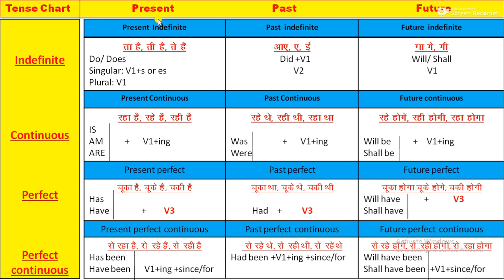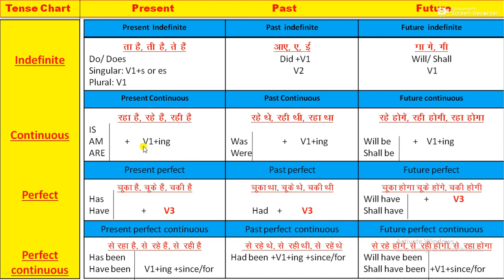Present has four parts: present indefinite, present continuous, present perfect and present perfect continuous. Similarly, past has four parts: past indefinite, past continuous, past perfect and past perfect continuous. Now future also has four parts: future indefinite, future continuous, future perfect and future perfect continuous.